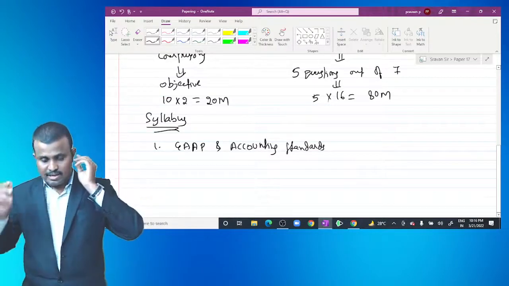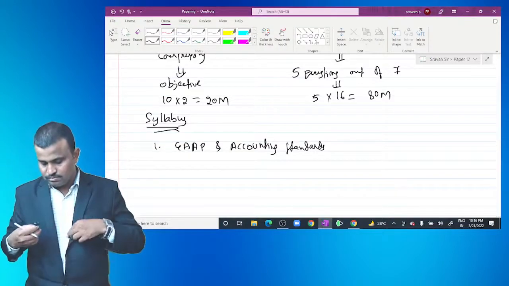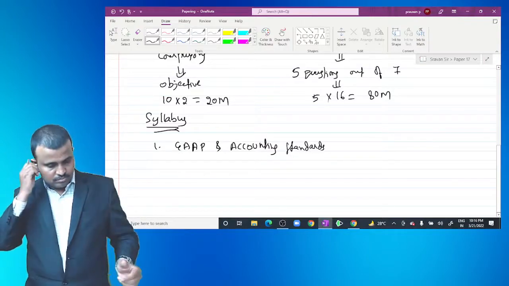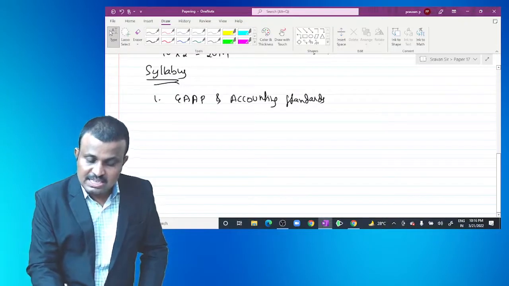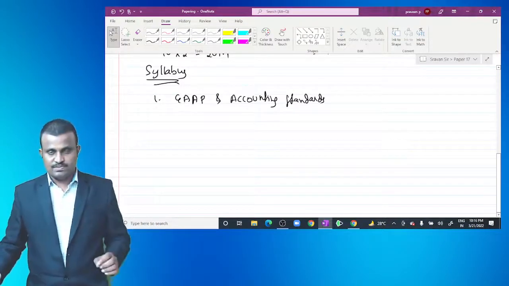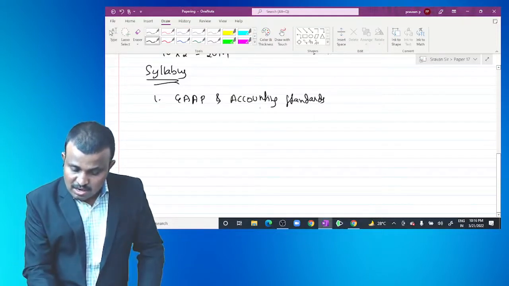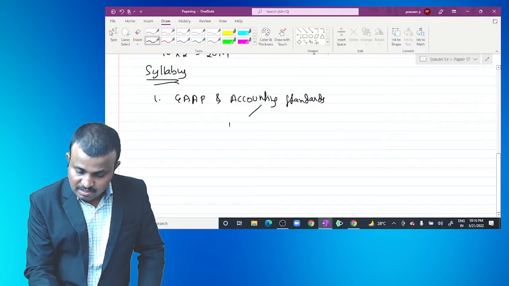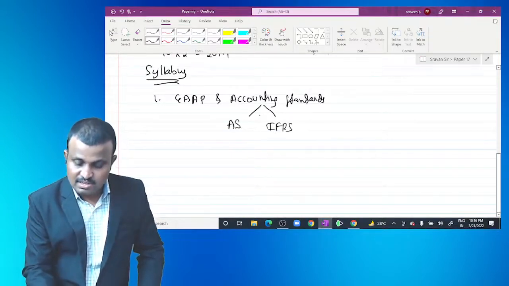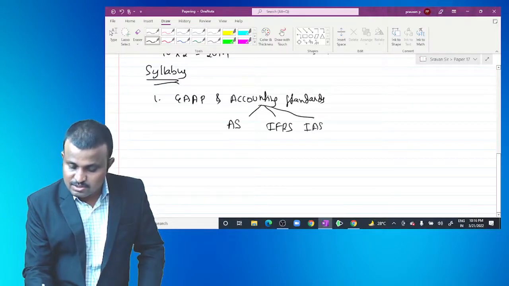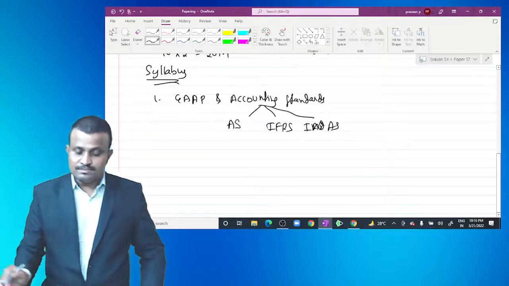GAAP is nothing but Generally Accepted Accounting Principles. Then coming to accounting standards, we cover accounting standards and IFRS, along with Ind AS. These we are going to cover.